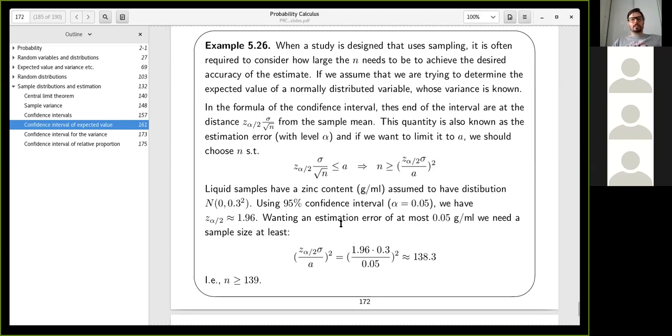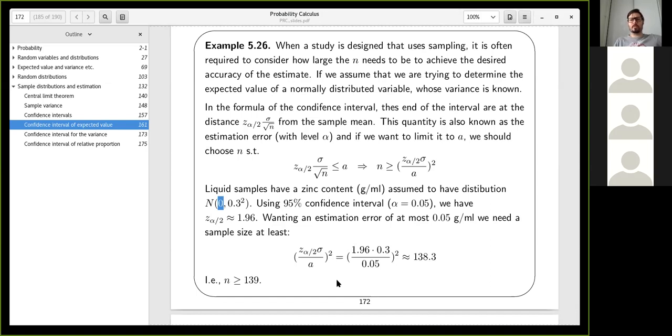So here's an example: our liquid samples have zinc content assumed to have the distribution N(0, 0.3). This is really ridiculous because the zinc content cannot be 0. You can't use a normal distribution for zinc content to have an expected value 0 and some variance, because that cannot happen.